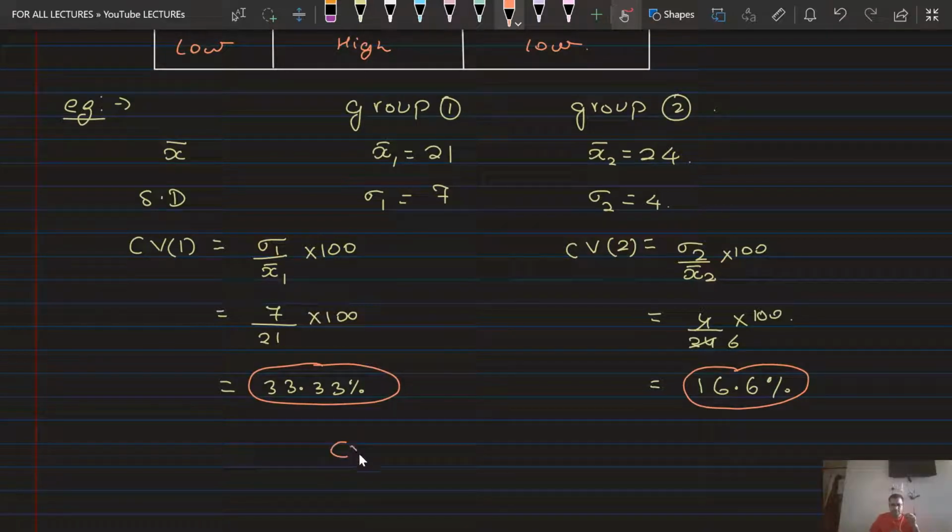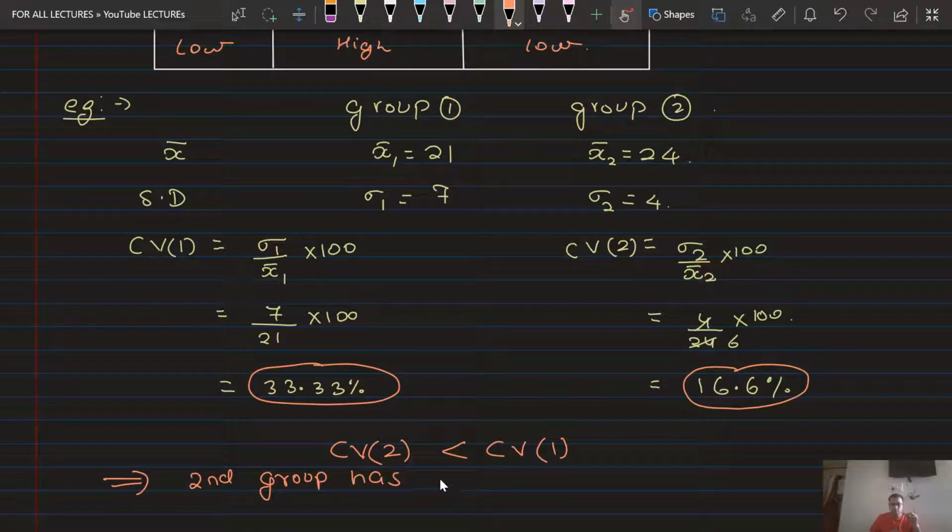So I say coefficient of variation for the second group is lesser than coefficient of variation for the first group. This implies that the second group has high consistency and low variability. Did you understand this?